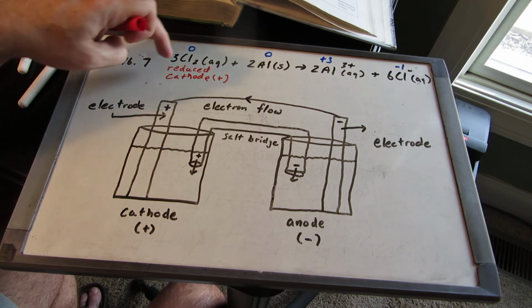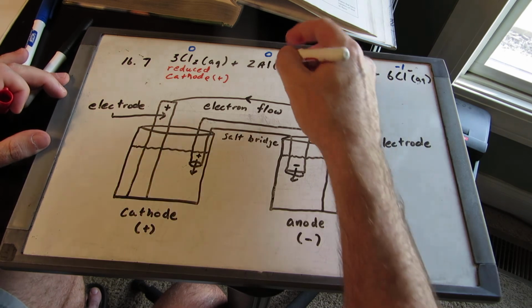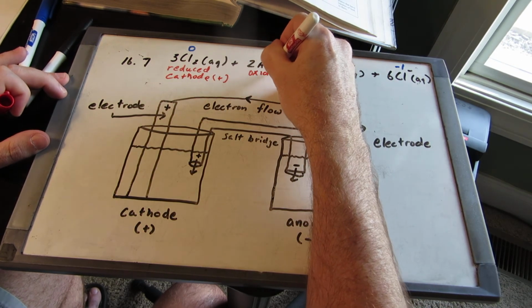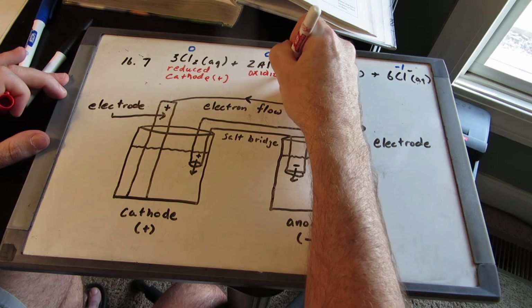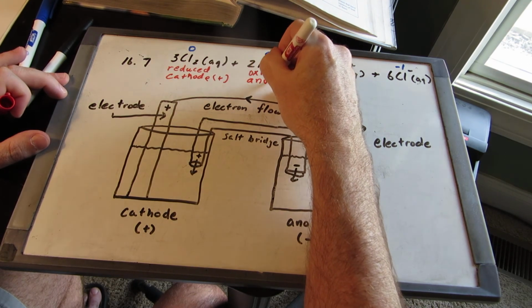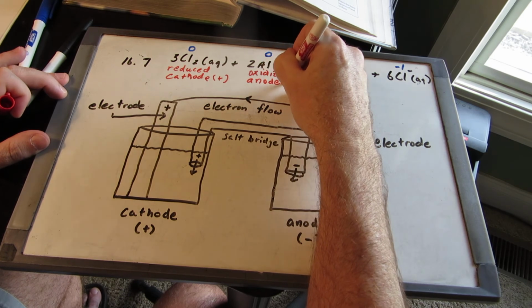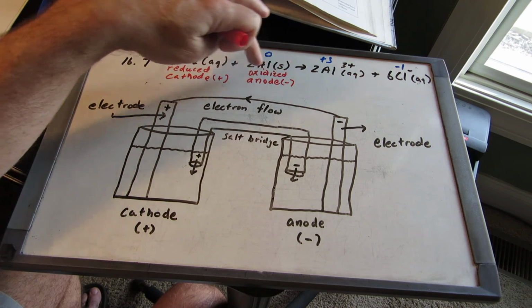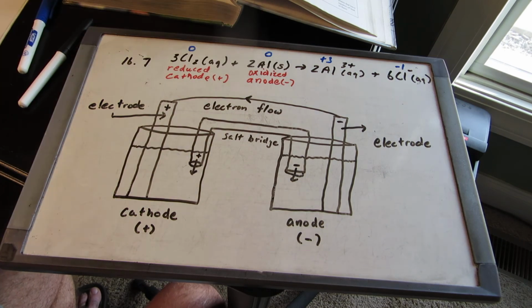My writing there is almost as messy as Carson's. Goodness. That makes this side the oxidized, which is the anode. Gain of electrons is reduction, and loss of electrons is oxidation. So if you lose electrons, that makes it the negative side.